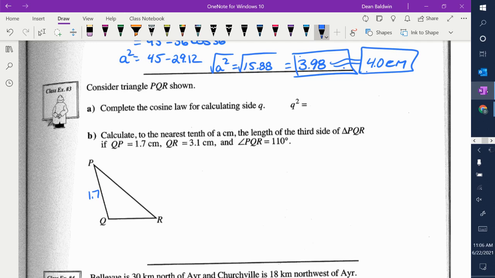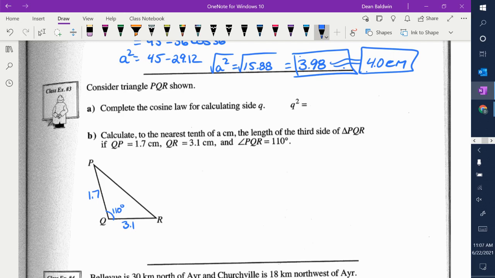Q to R is 3.1. And angle PQR is 110. What angle is that? Q. They want to know what PR is. This is the side they want to know.